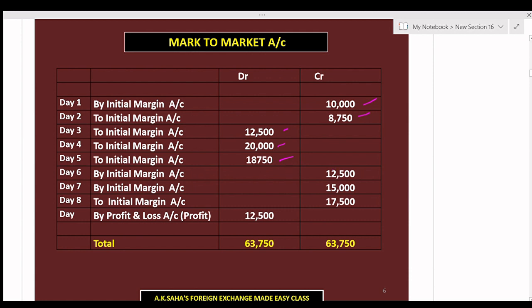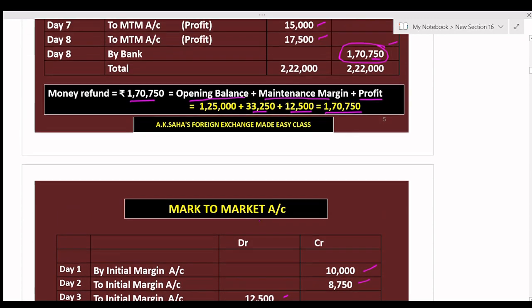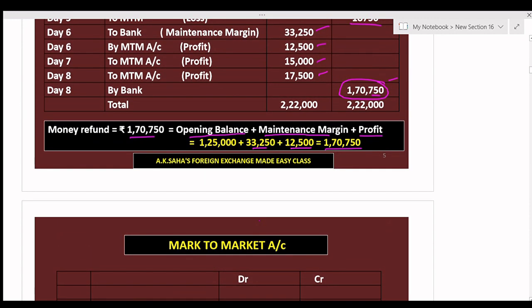Now 12,500, 15,000, 17,500, and ultimately you see that 12,500 is the profit. So this will be adjusted with the profit and loss account. This is a credit balance, so it will be credited to the P&L account. Now this profit 12,500 is added here, to arrive at the money to be refunded to the party, 1,70,750.